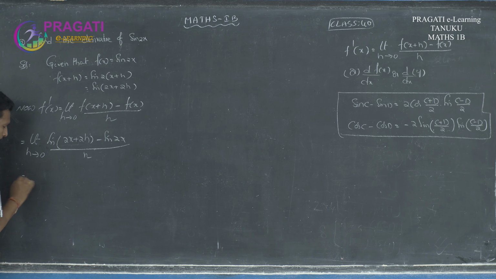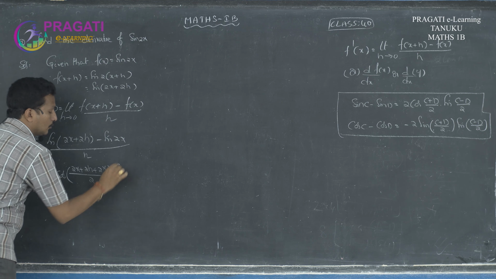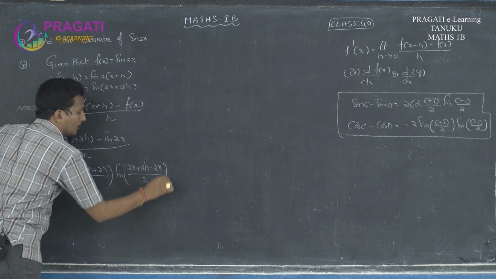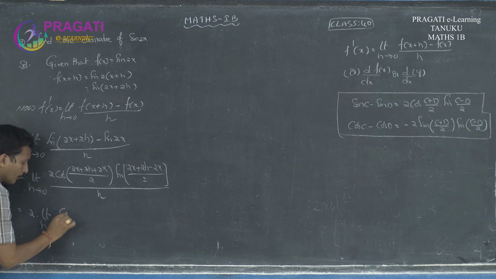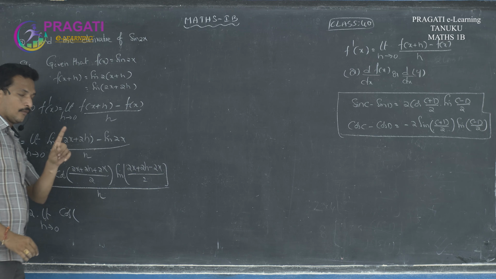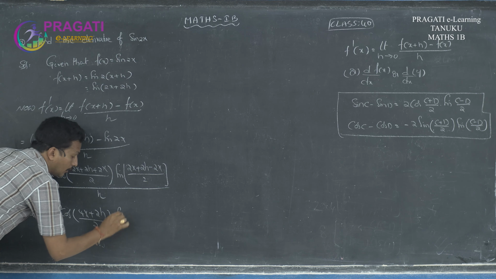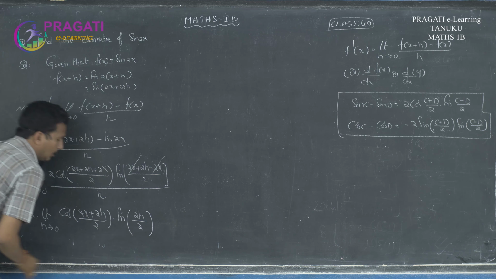Here limit h tends to 0 of 2 cos of (2x plus 2h plus 2x) by 2 into sin of (2x plus 2h minus 2x) by 2, whole by h. Here 2 is a constant, so write it in front. Then 2 into limit h tends to 0 of cos of (4x plus 2h) by 2 into sin of 2h by 2, by h; the 2x terms cancel.